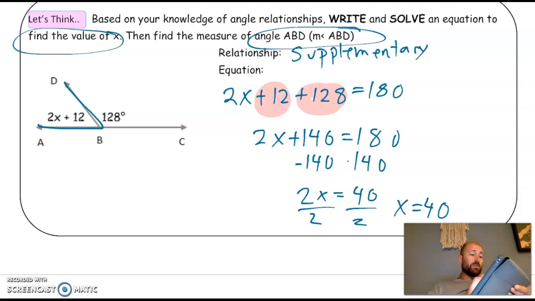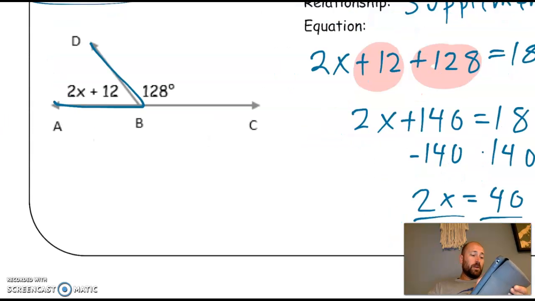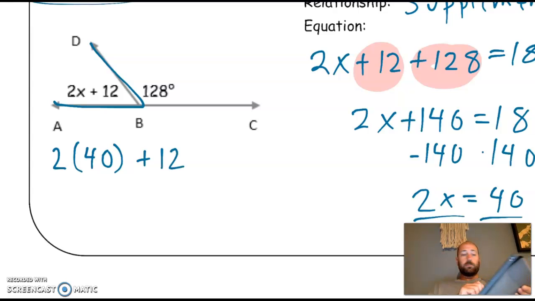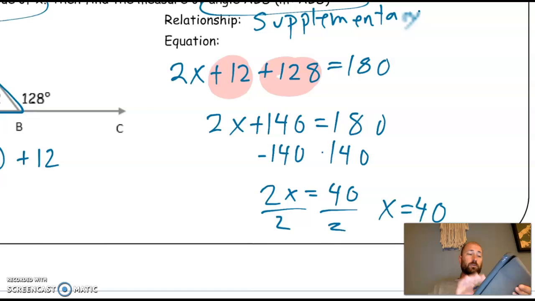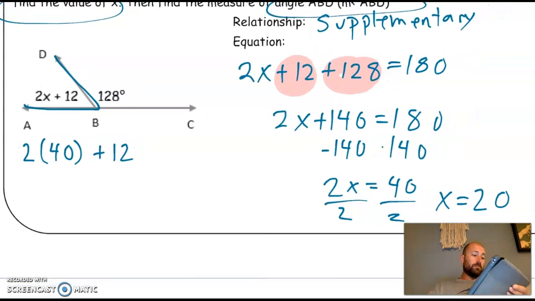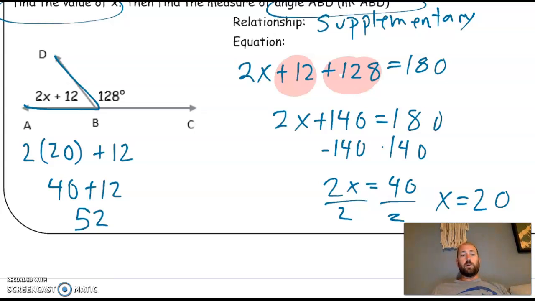Well, x is 20, so I can substitute it in to say 2 times 20 plus 12. So 2 times 20 is 40, plus 12 is 52. So the angle ABD is equal to 52.